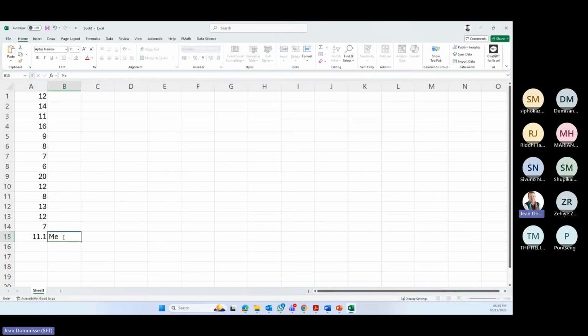So that is the mean, and we can look at the mode. There is a mode function. The mode would have been 12, and the median is the other one that we want to look at.